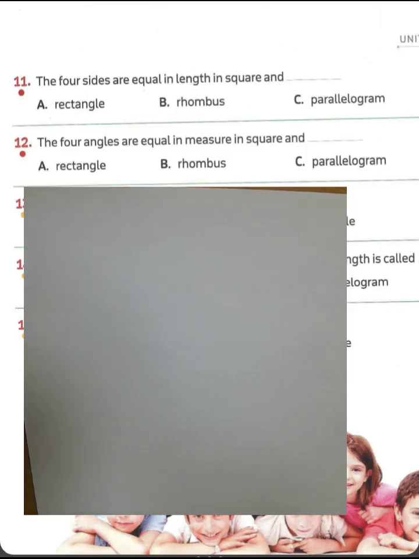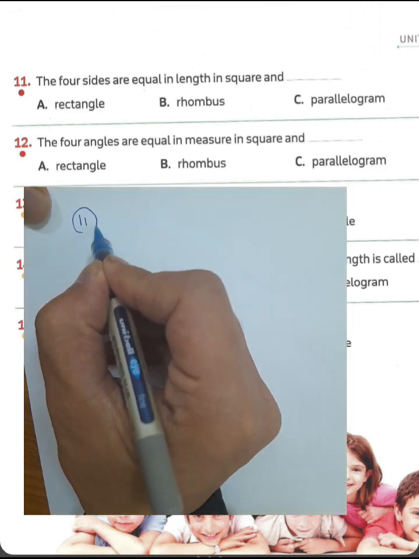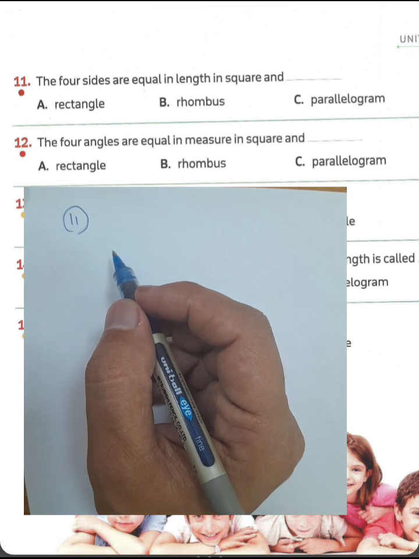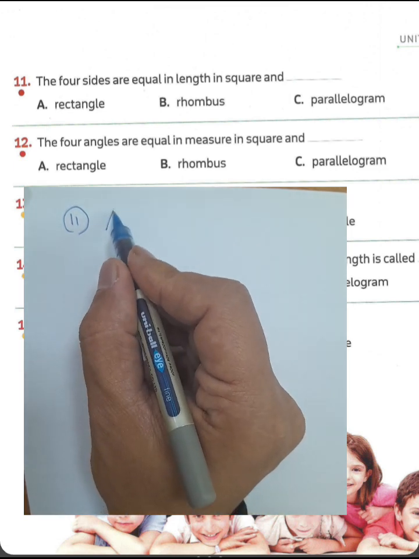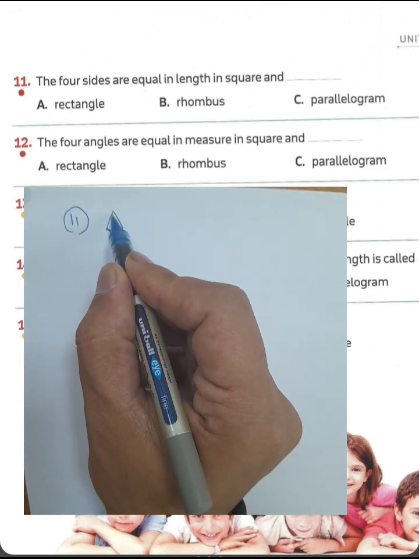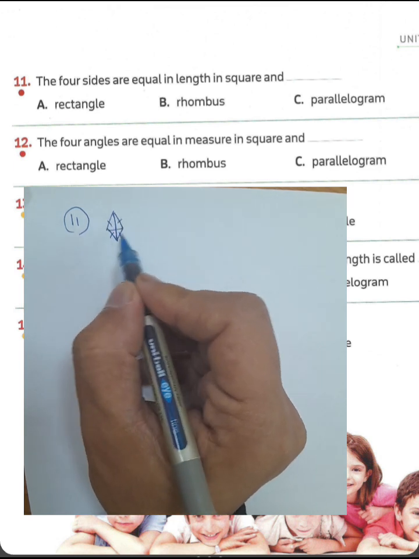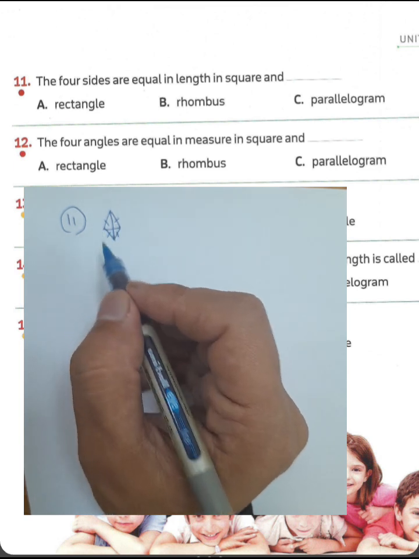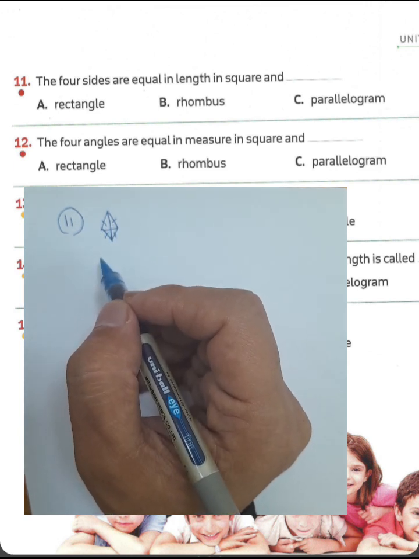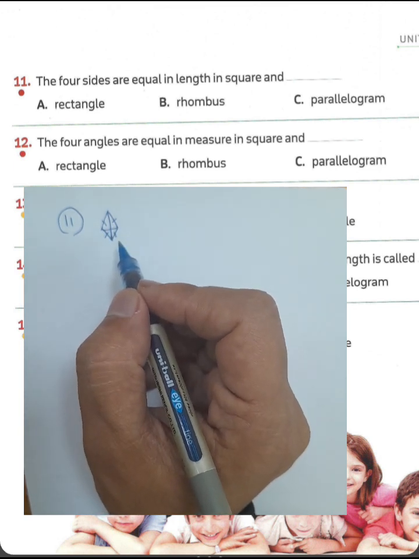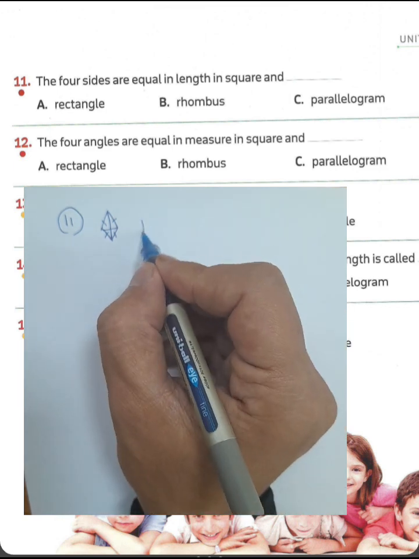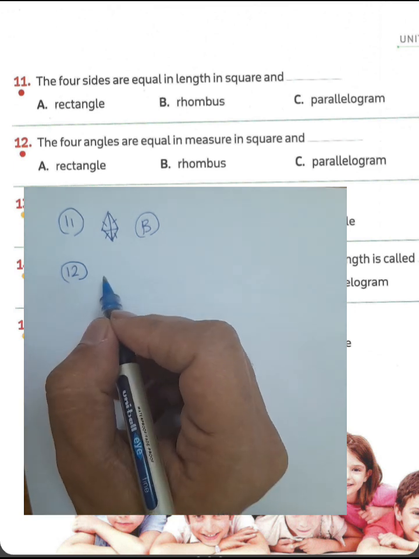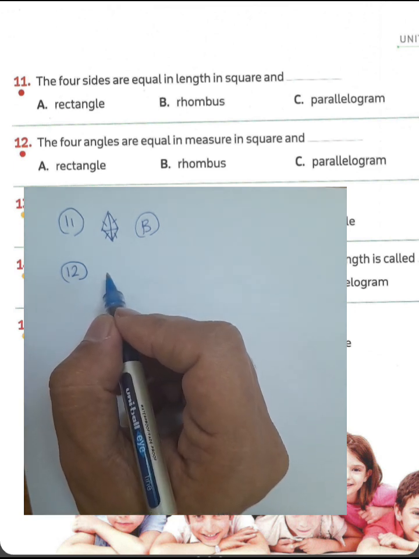Question 11: the 4 sides are equal in length in square and rhombus. In a rhombus, all sides are equal lengths: 1, 2, 3, 4. We have 4 sides of equal length in a rhombus, and the 2 diagonals are perpendicular. Then the 4 sides are equal in length in square and rhombus. Choose letter B. Number 12: the 4 angles are equal in measure in square and rectangle.